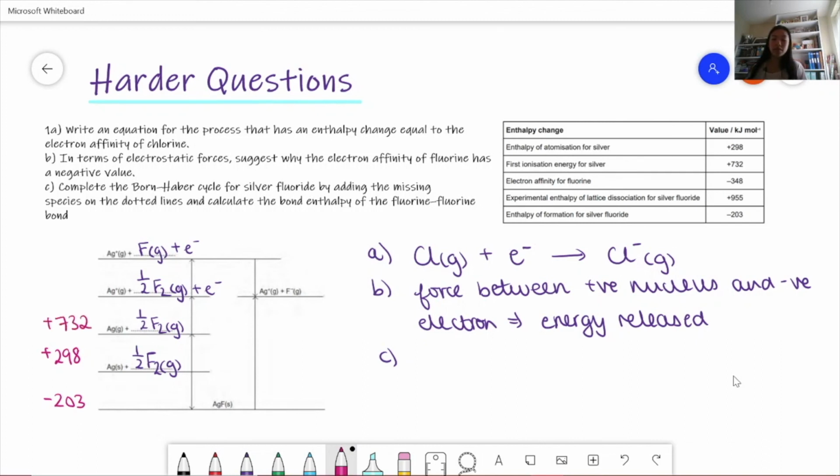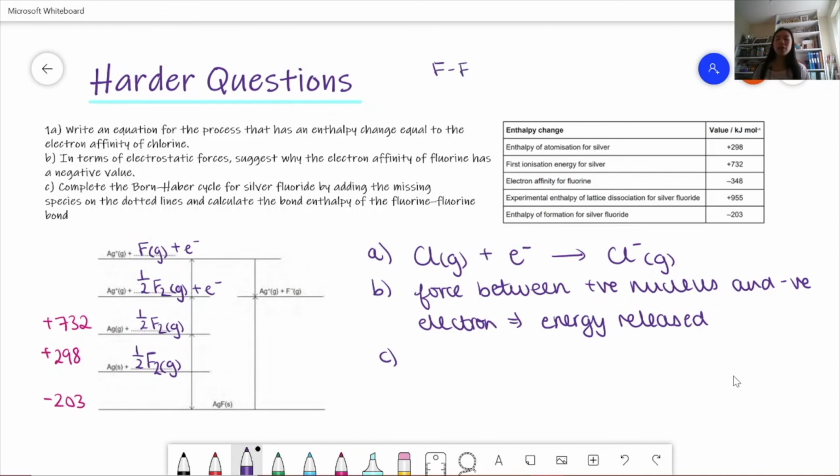732. And then for this step, we have to be really careful because we need to remember our definitions. They have broken that bond. So we're trying to find this bond enthalpy, which means that we're breaking 1 mole of these FF covalent bonds.